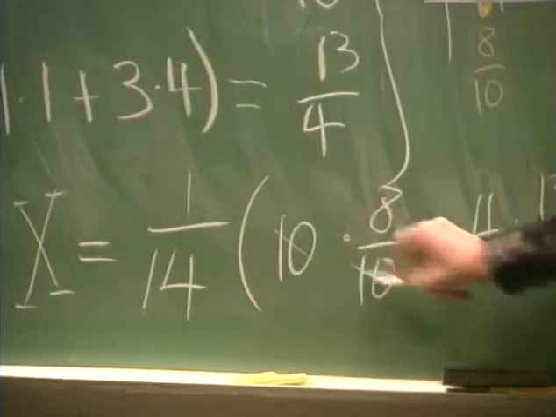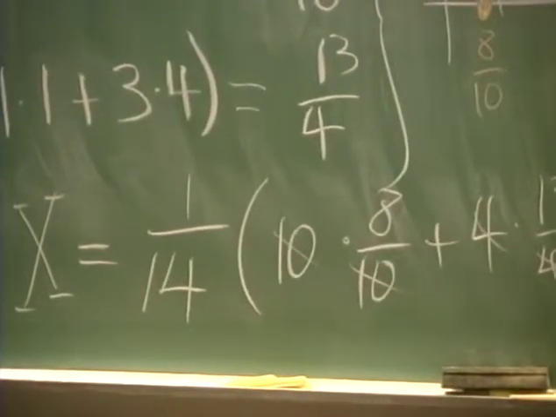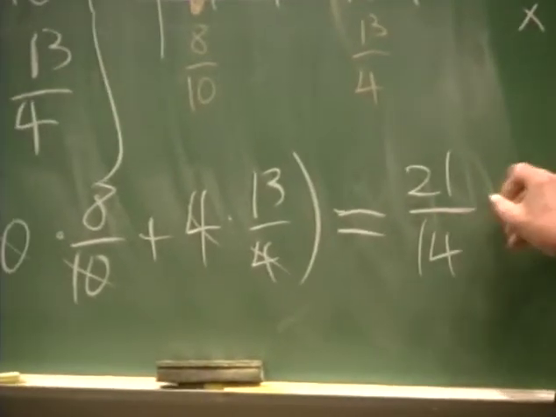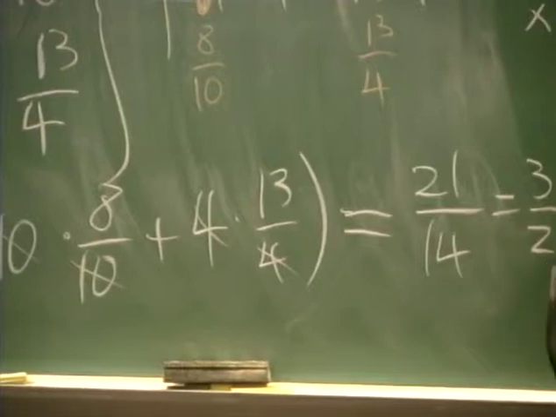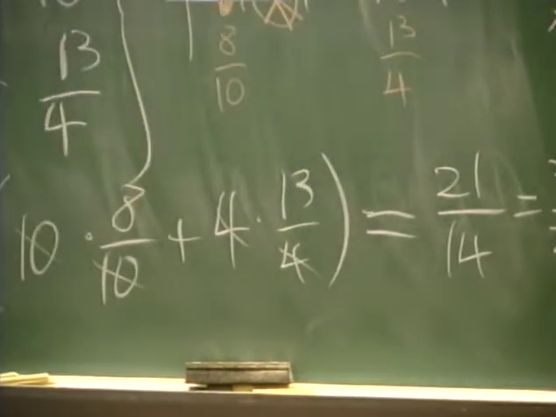Notice the cancellations here, and I get 8 and 13, which is 21. So 21/14, which is 3/2 once again. So the center of mass of the whole thing is 1.5, just as I got before.